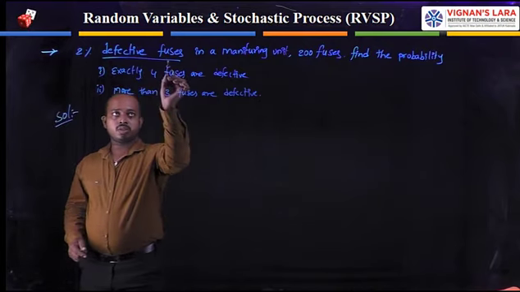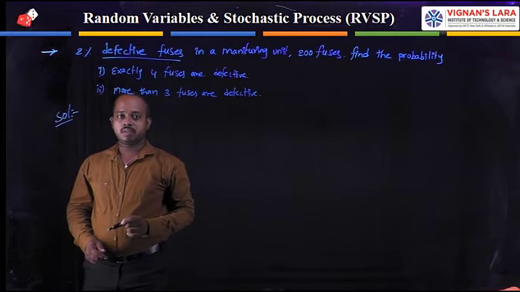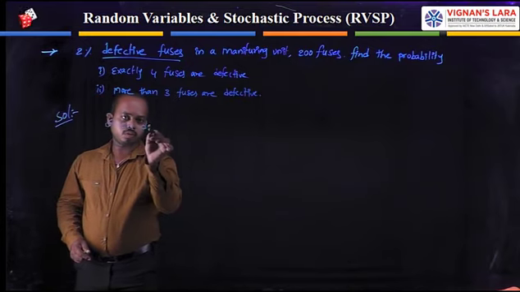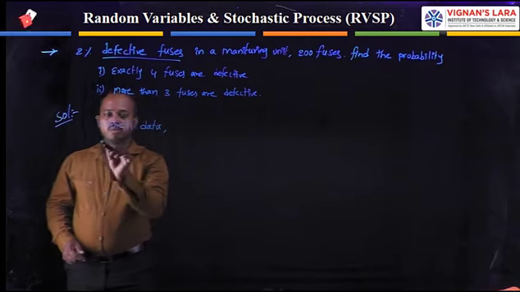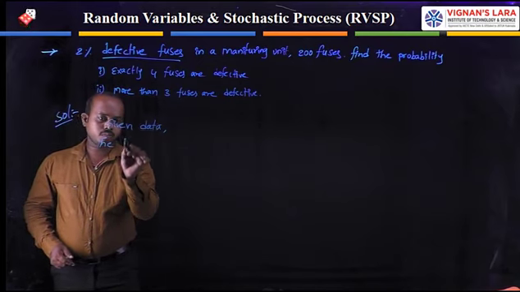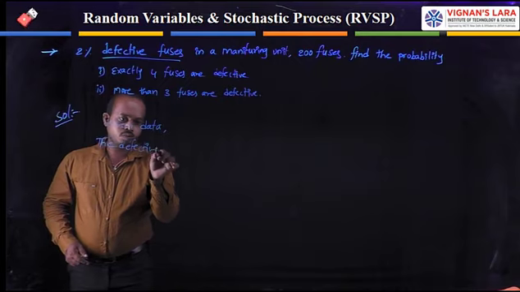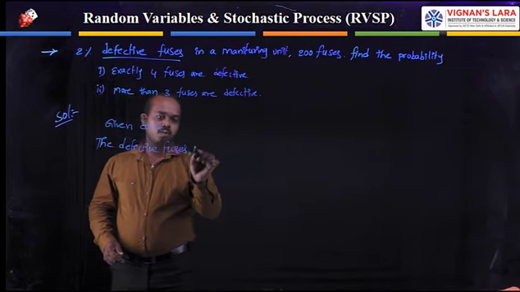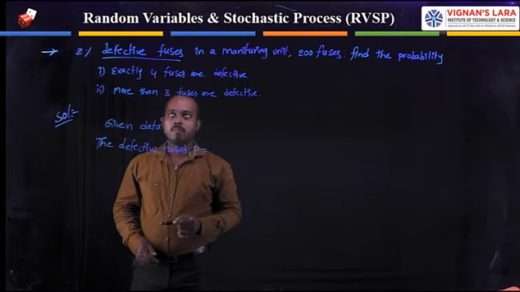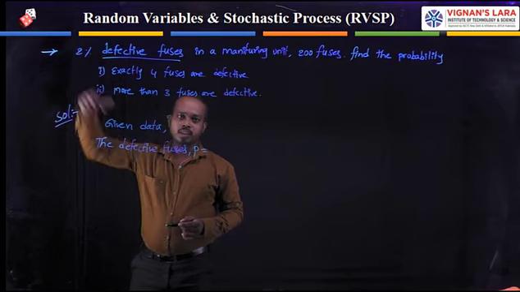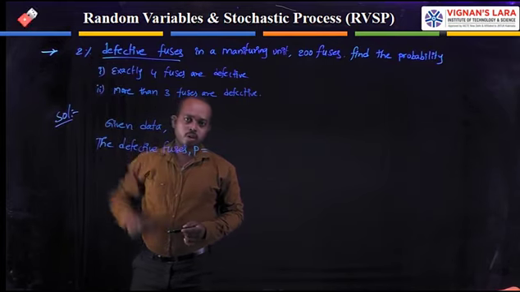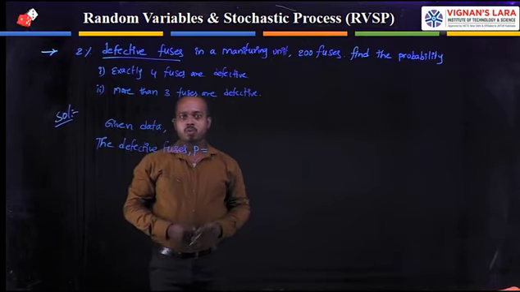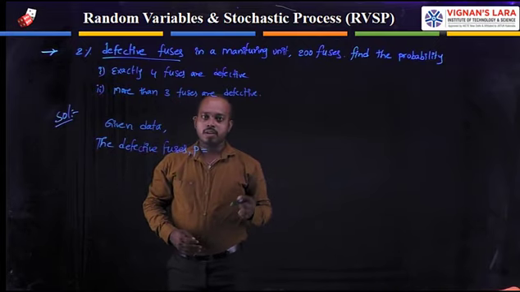Here the defective fuses probability is treated as the success probability. Normally we think of a defective as a failure, but in the case of Poisson it represents the success probability, because the success probability in a Poisson distribution is always small.